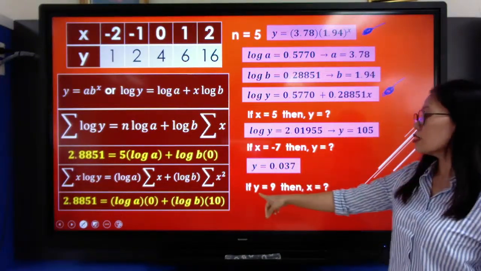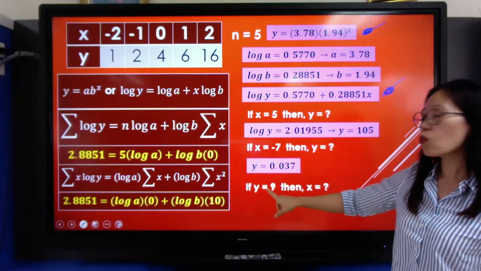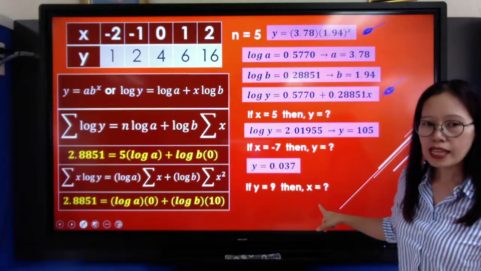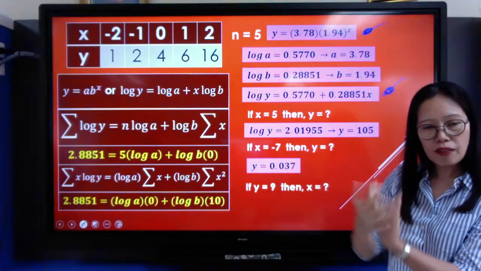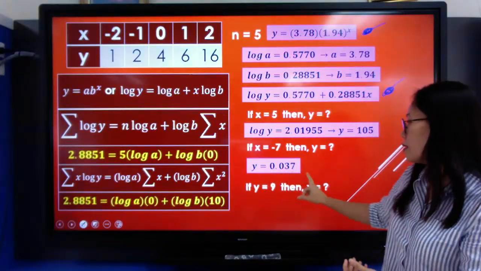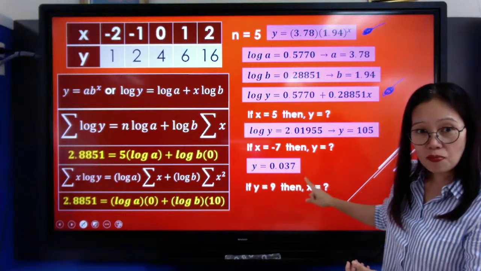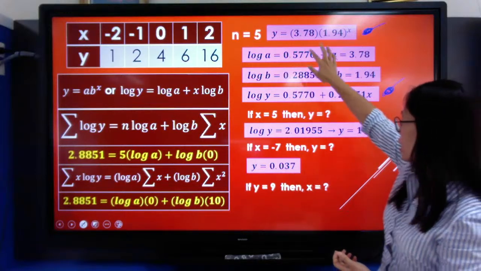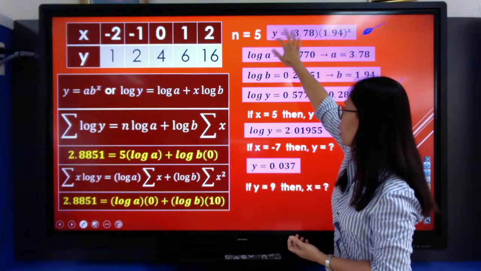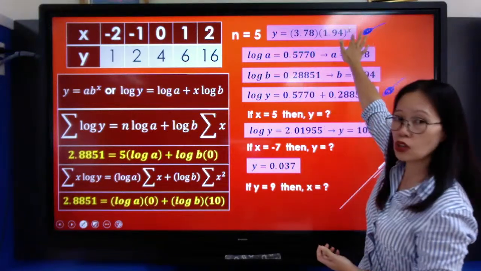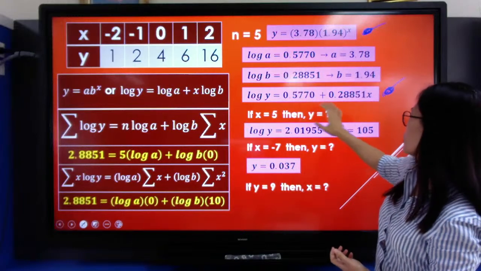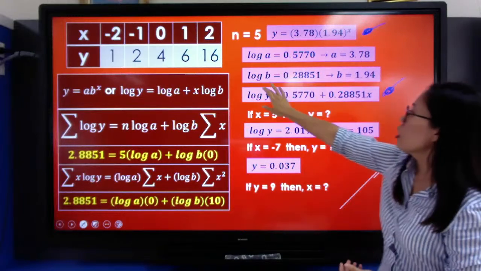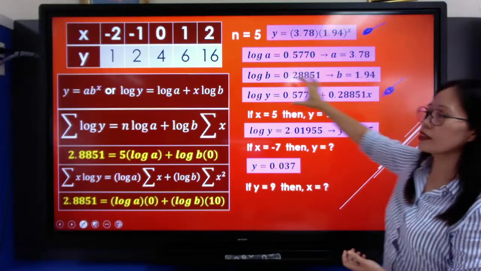Alright. What about now? What about if y is equal to 9? Then what is x? So this question here, the last one, is the other way around, right? We give the value of y, then we need to find the value of x. So in this case, you put your y here, y is given, and you need to solve for the x. Okay? So you can also use our logarithmic form here. Yeah?